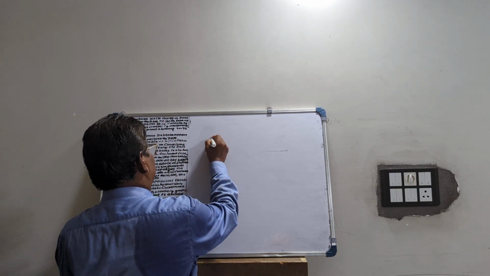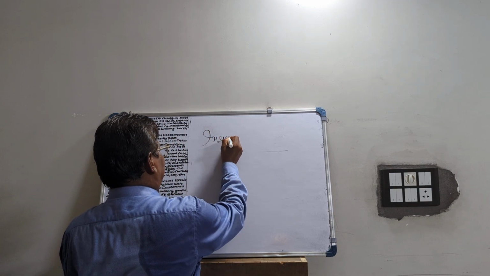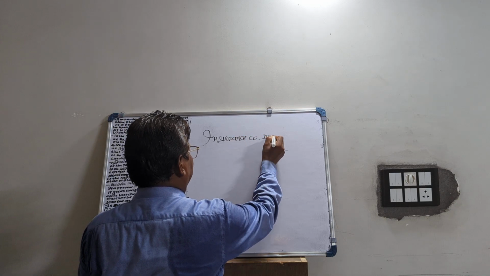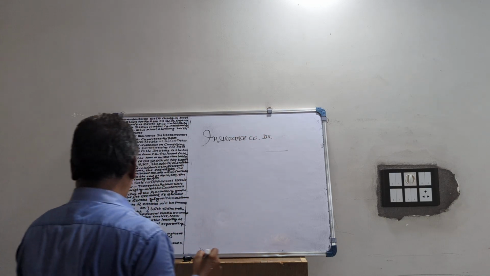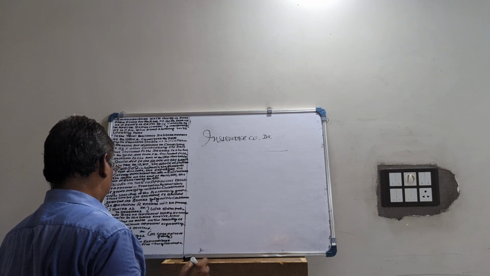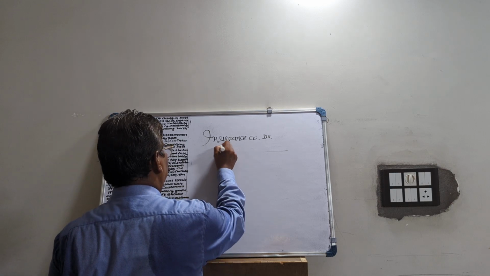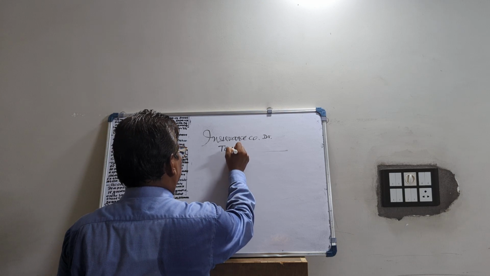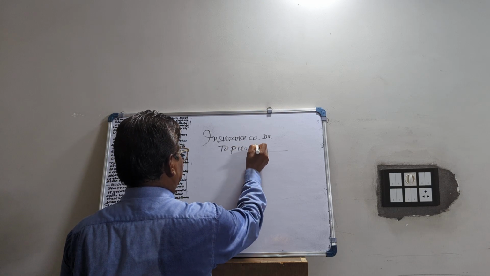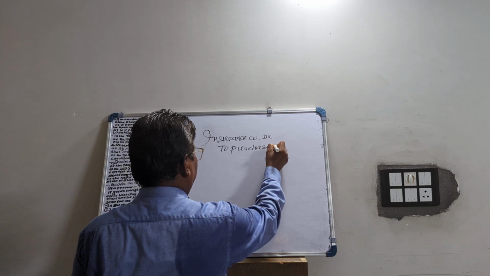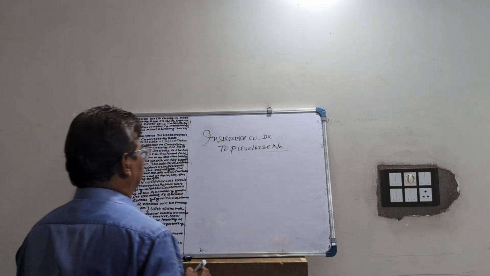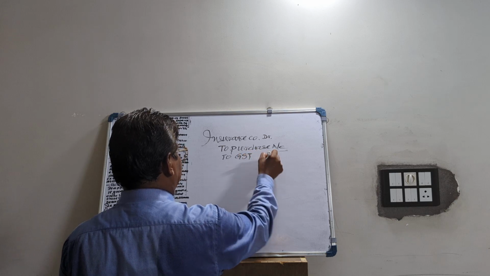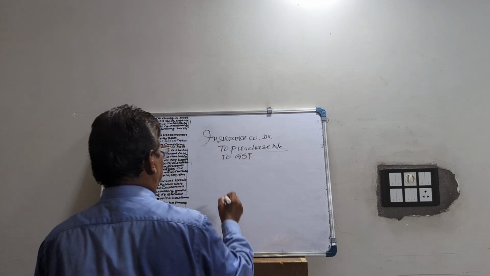So insurance company debited, full amount, to goods lost by fire, suppose purchase account, to purchase. If it is having GST, then we will credit GST like SGST, CGST or IGST, whatever that may be.